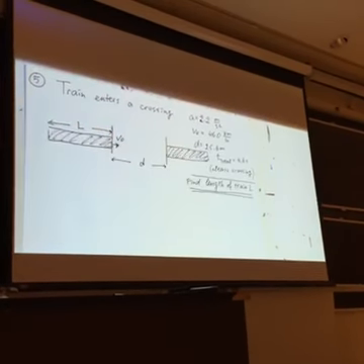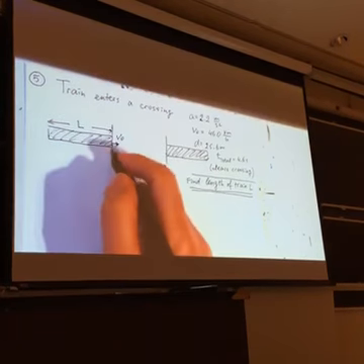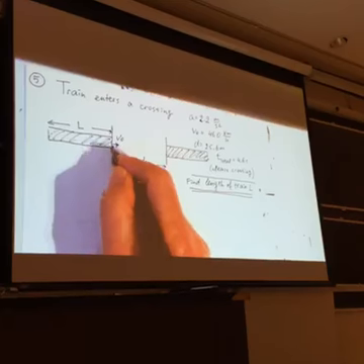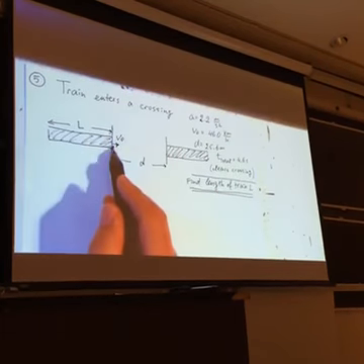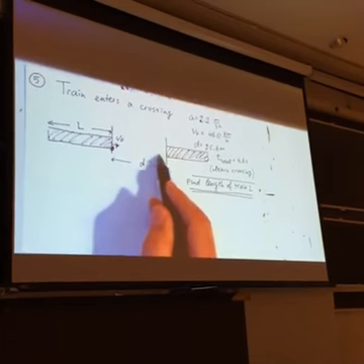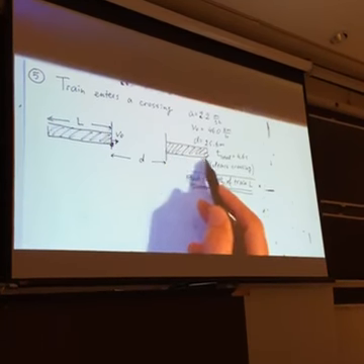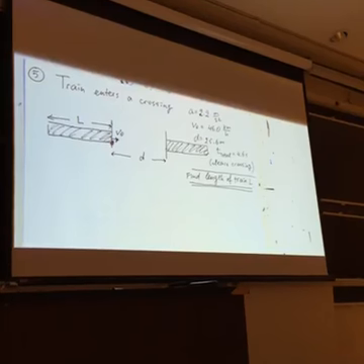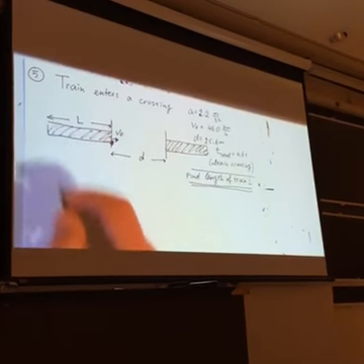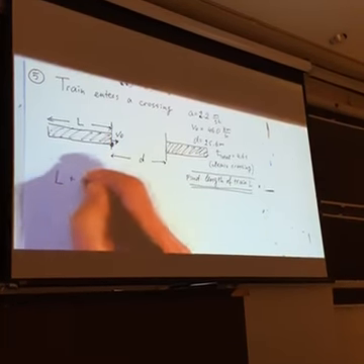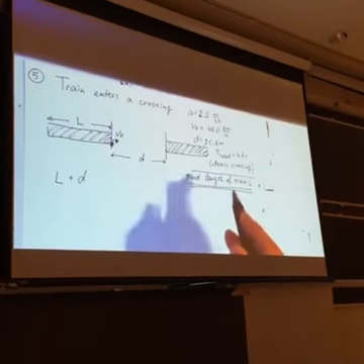Now, what is the total distance traveled? The train, for example, for this point at the front of the train, travels the whole width of the crossing, but it also needs to travel the length of the train itself. If the length of the train is L, total distance traveled is L plus D during this time.